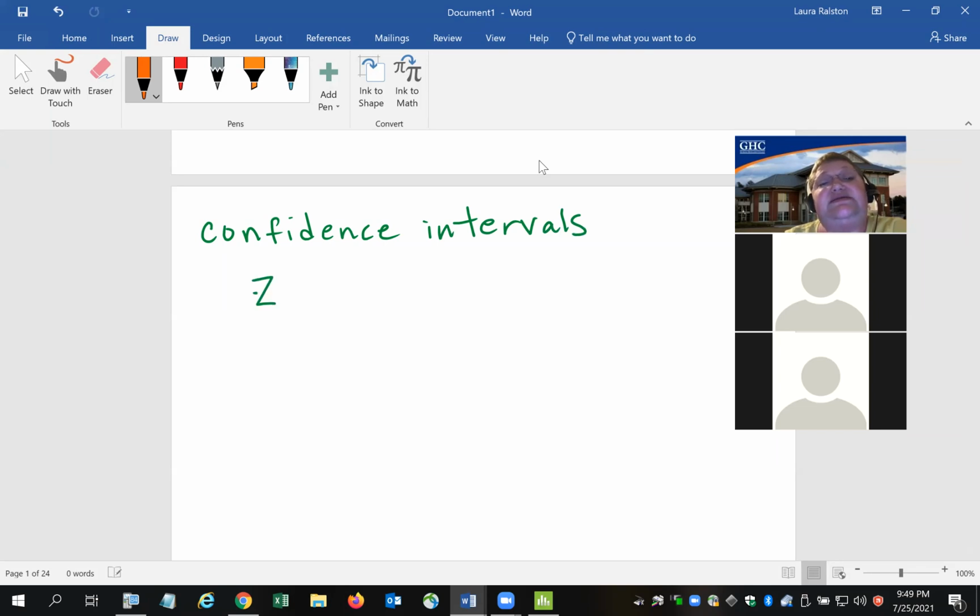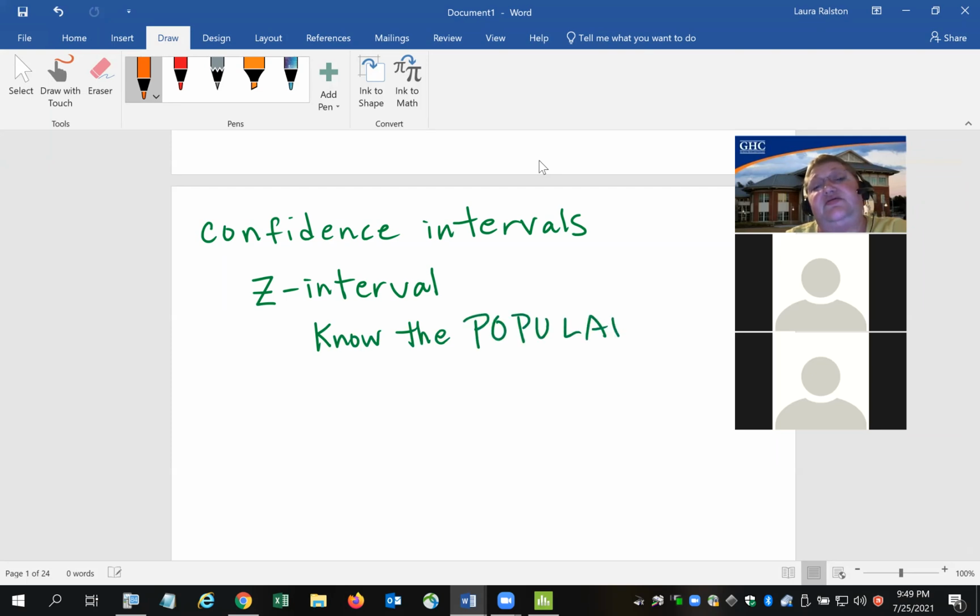You do a Z interval if you know the population standard deviation.